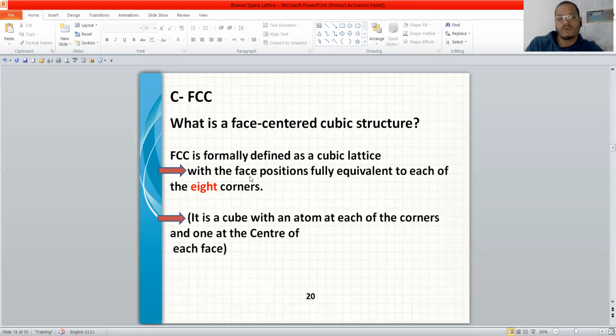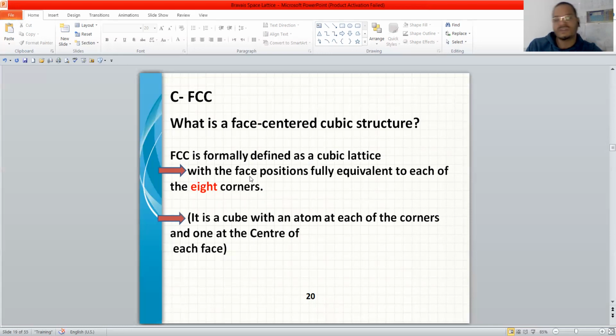Now, the last kind of basic cubic structure: what is the face-centered cubic structure? FCC is formally defined as a cubic lattice with atoms positioned at each of the 8 corners and at each face.